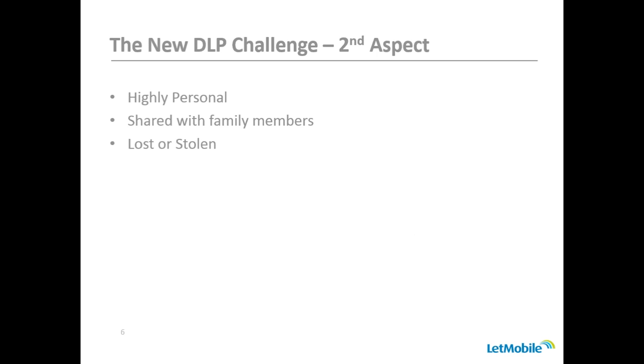All the new OSs, all the new announcements focus on how to make the life of the consumer easier, how to make better integration, how to make better user experience, and so forth. So those devices are going to be very personal. What it means for the DLP, or for the data stored on those devices, is that it has to comply with the fact that the devices it runs on are not corporate owned, and it cannot interfere with the personal or the end user uses of the device.